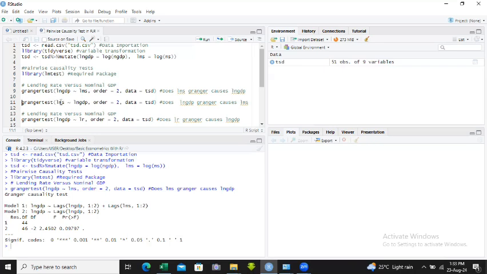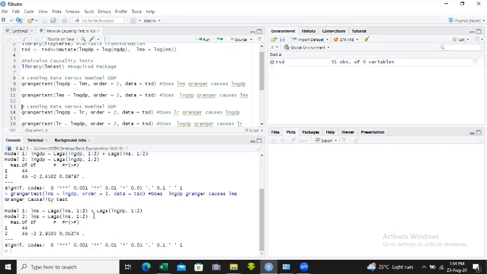That's it. So now, what of the reverse, log of nominal GDP on log of money supply, using the same order of lag? Does LNGDP Granger cause LMS? Let's check whether that is the case.